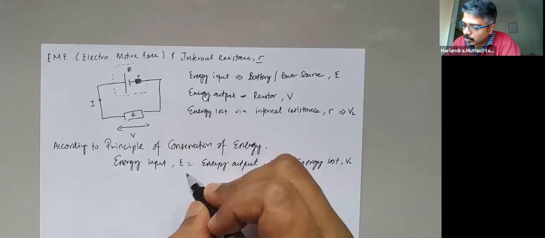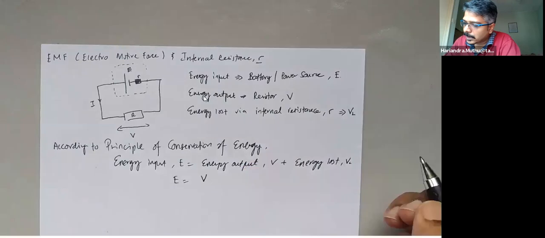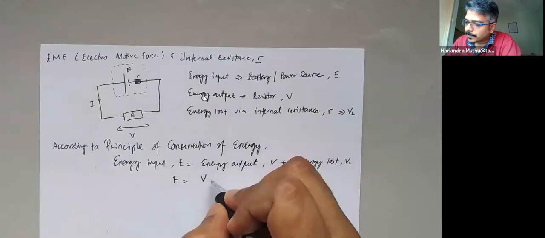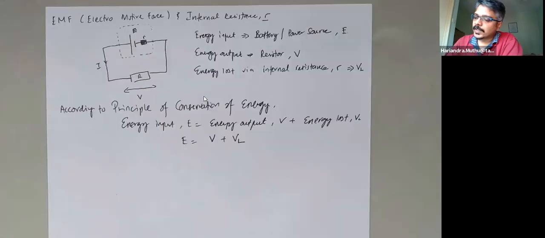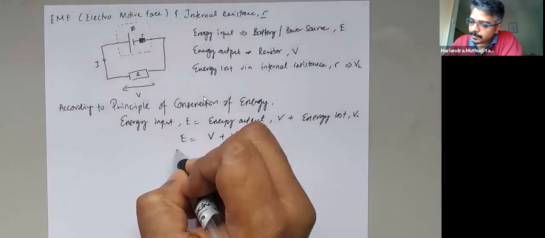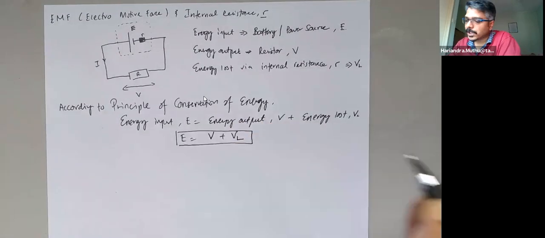So E equals V plus VL. How did this equation come about?